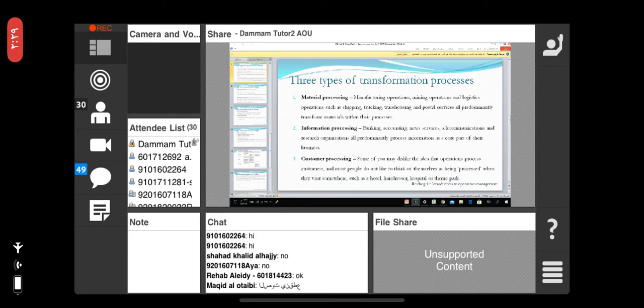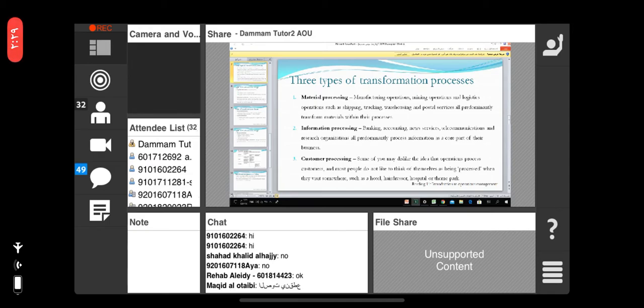The third type of transformation process is the customer process. Sometimes the point is that the customer is a part of the transformation process. How? Sometimes you cannot process your business without the customer.